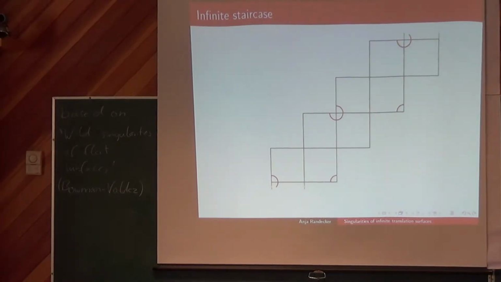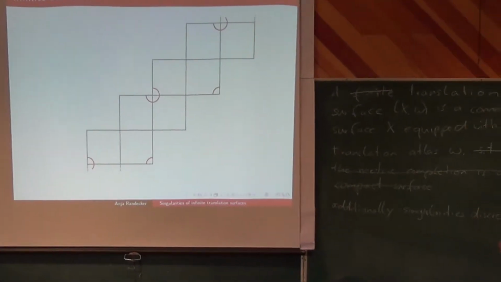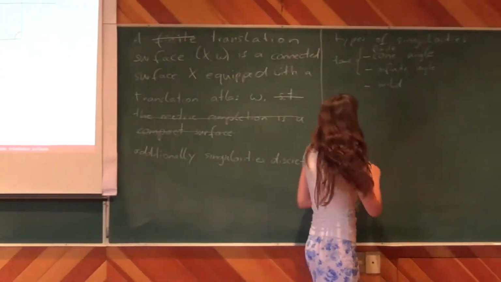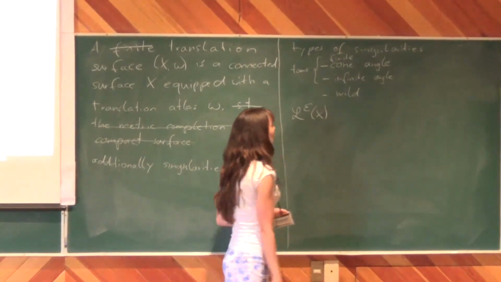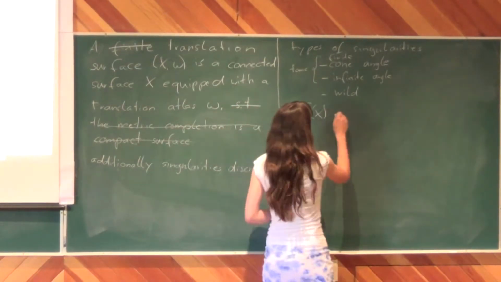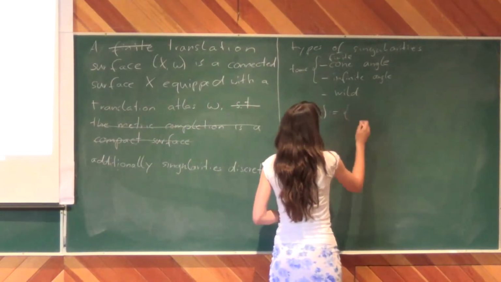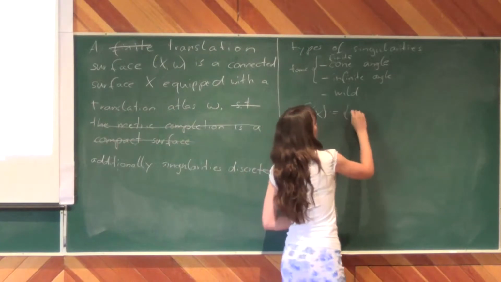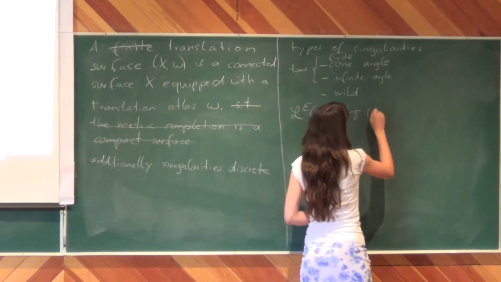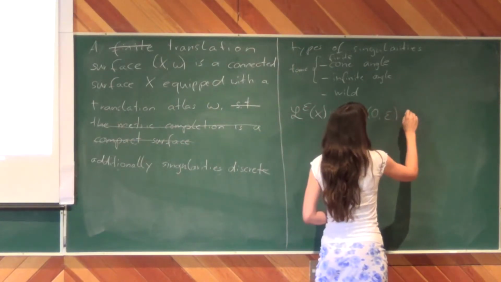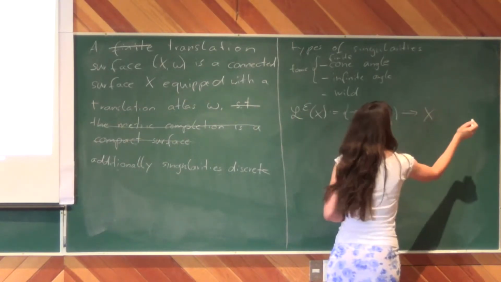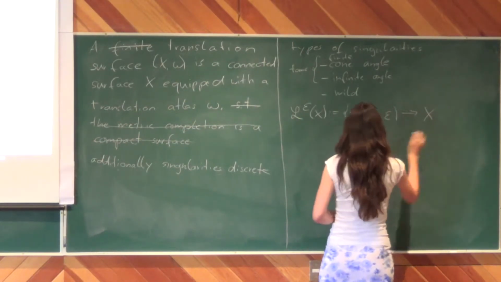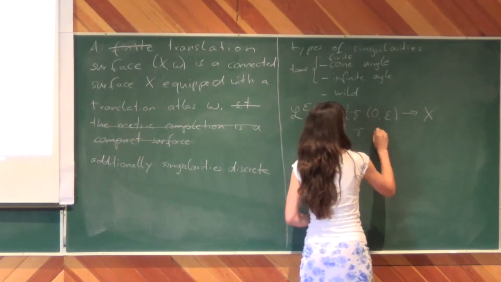We look at in which ways we can get out of the singularity, and this we are describing by the space L epsilon of x, where we look at gammas, where gamma is a geodesic path.